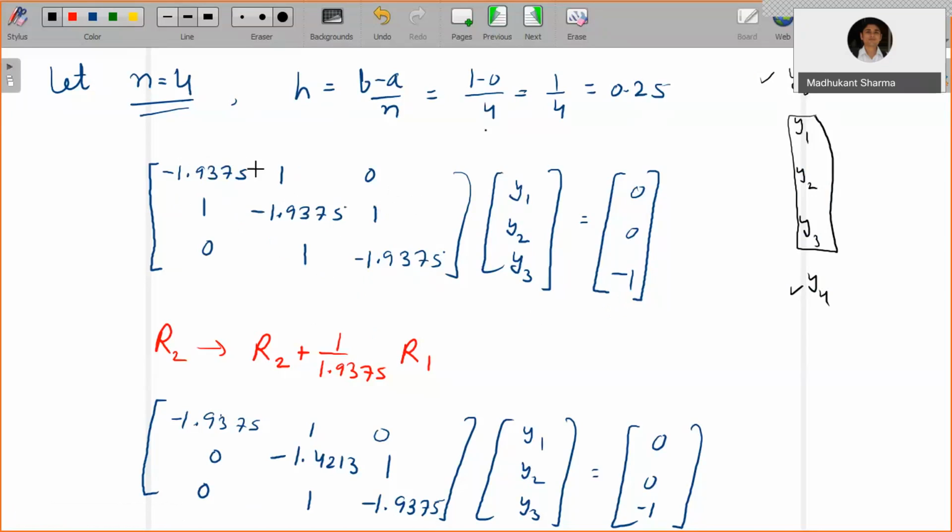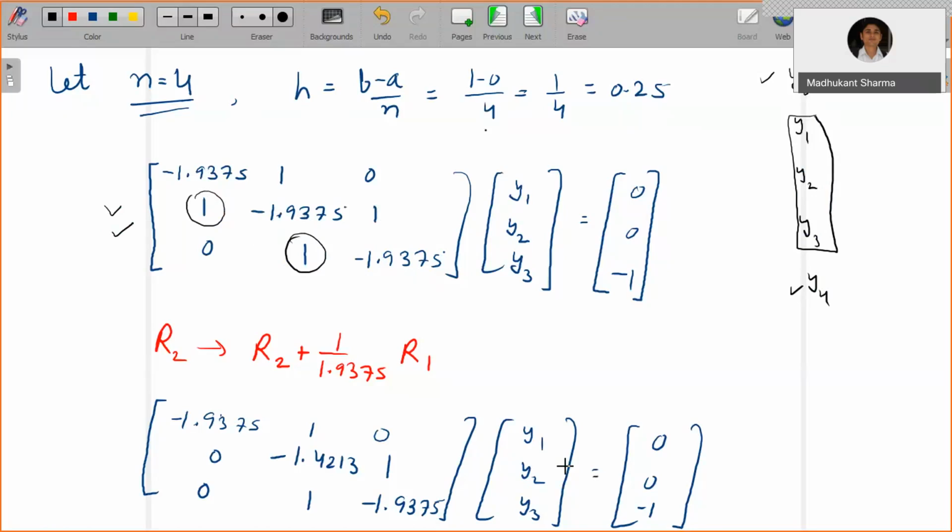So the system will reduce into the following form. If you carefully fill in all the values, the only thing you need is h square minus 2. Now we will try to make these entries 0, and then use the backward substitution method, using the same methodology as in the Gauss elimination method.